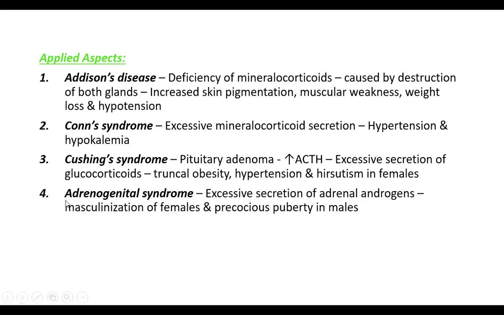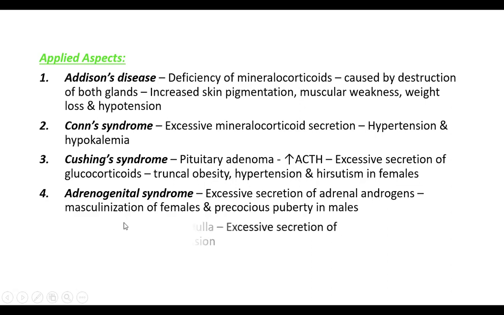Here there will be masculinization of females, that is male features in a female, and precocious puberty in males. Even though the child is very young, he will look just like an adult because of the precocious puberty. Excessive development of male features leads to early adulthood. This is because of the excessive secretion of the adrenal androgens.